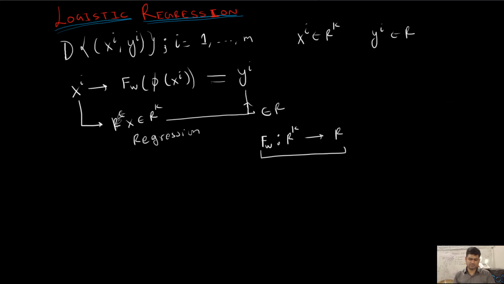So in classification, each of the yi's are integers, where Z is a set of integers. Today we are going to consider a special case where yi's are binary. That is, yi can have values 0 and 1.